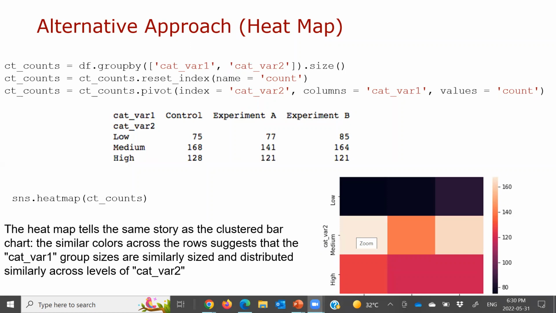The second thing is I'm going to do something called reset index. And then after I do a reset index, I'm going to do something like pivot. And what does this mean? Look, I want the first part, this part here, although I'm telling you, I want to show you this, but it's not like you need to do this.